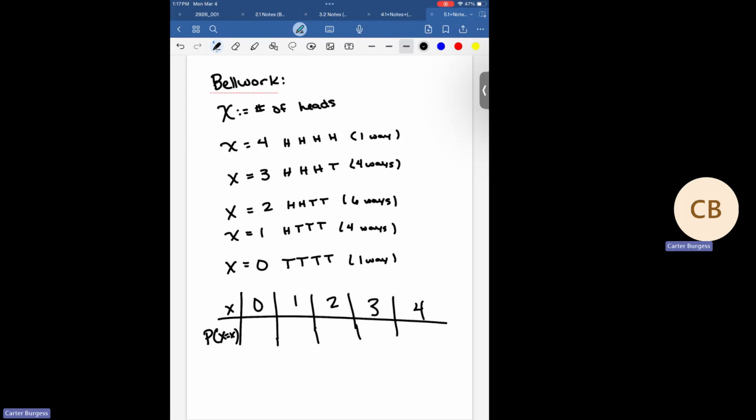What is the probability that we get 0 heads? How many outcomes out of how many total? 1 out of 16. Probability that we get 1. 4 out of 16. Probability that we get 2. 6 out of 16. 3 would be another 4 out of 16, and 4. It'd be 1 out of 16.